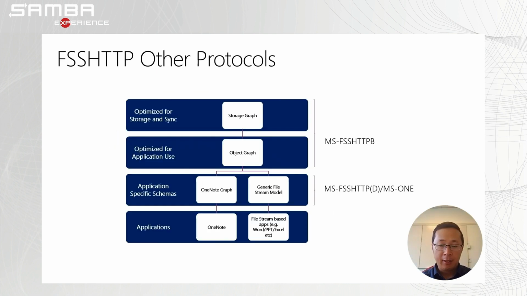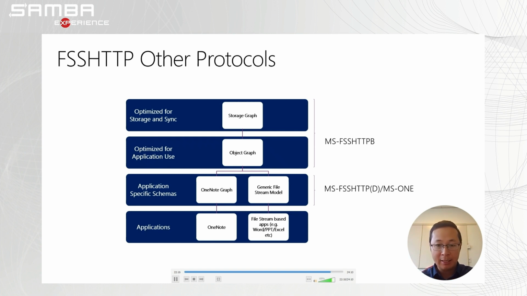Here are the other three protocols in the FSSHTTP protocol family. We have talked about how the object graph works for incremental sync. But that is how things work logically, right? To make that logic work, those objects need to be physically stored at some place.